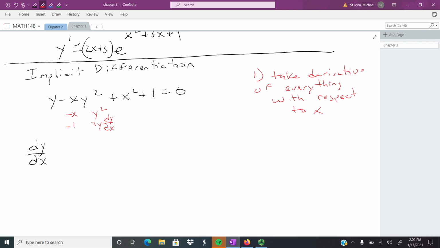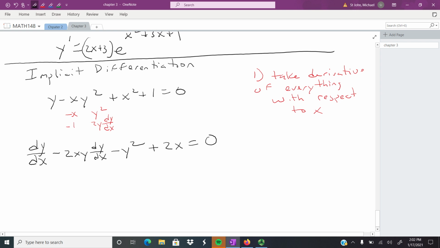So now if I put this in here, this is going to be a minus 2xy dy dx minus y squared. Derivative of x squared is going to be 2x. Derivative of 1 is nothing, and so this is going to equal 0.